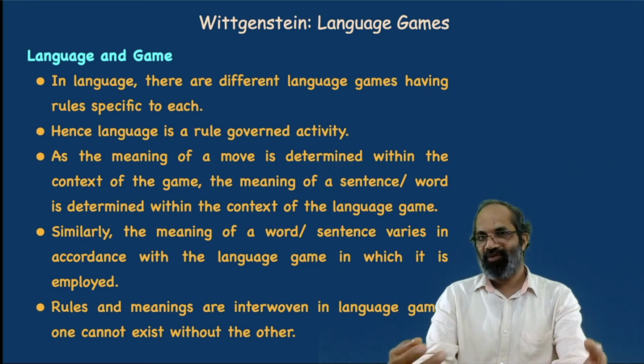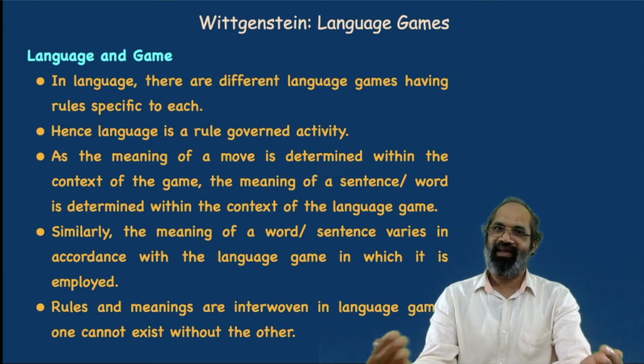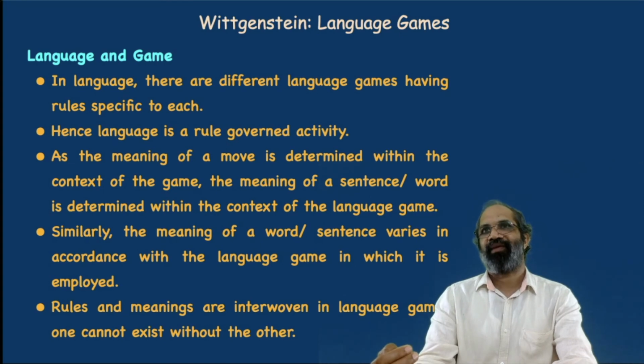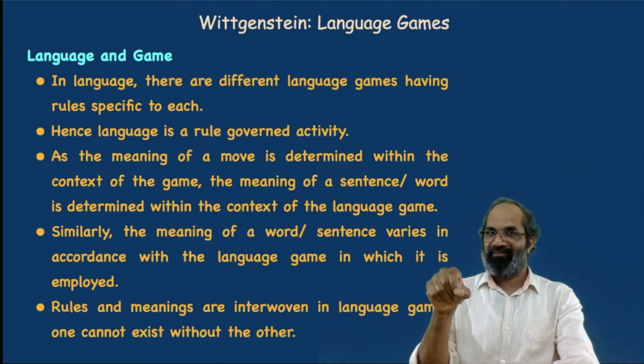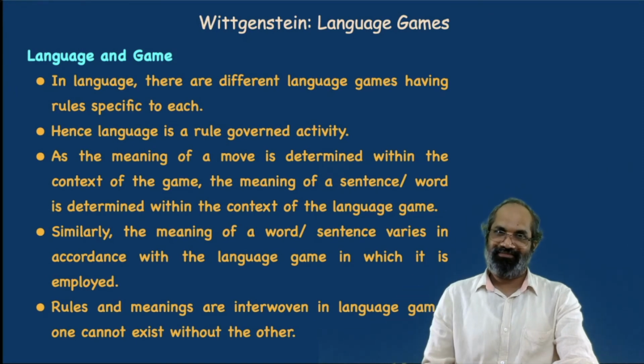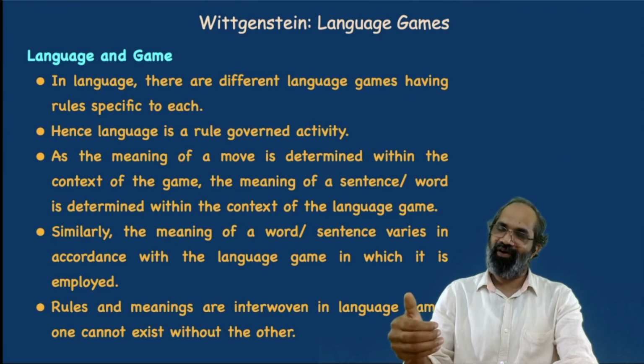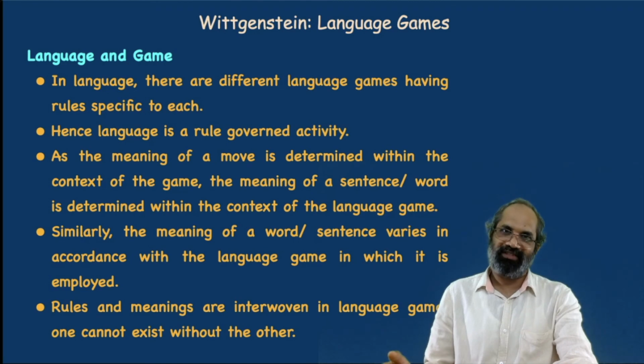And there is one more similarity between language and games. See, you can rightly play a game, still you can lose the game. It's not that if you don't play any foul, you are going to win. With following all rules, you can play a game and still the game can be lost.